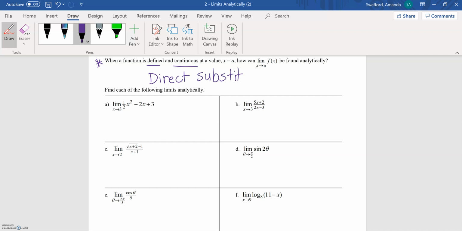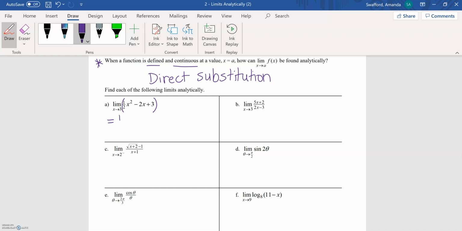Because basically, when I trace the graph to find the y value, that's going to be the same as plugging the x in to find the y value and evaluating the function value there. So for letter A, the limit as x goes to 3, we are dealing with a quadratic, and this quadratic opens up. So this is a parabola that's smoothly connected everywhere, and when I plug in 3, whatever I get for the y value, that will be the limit.